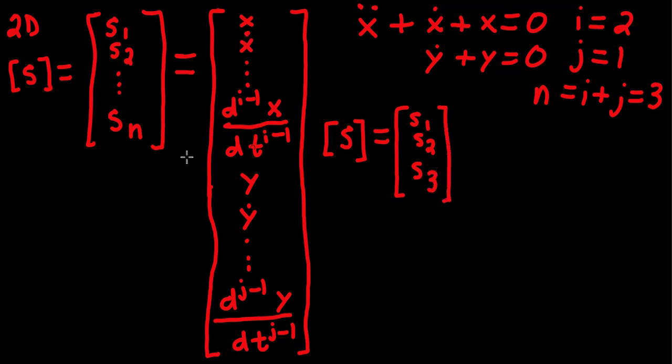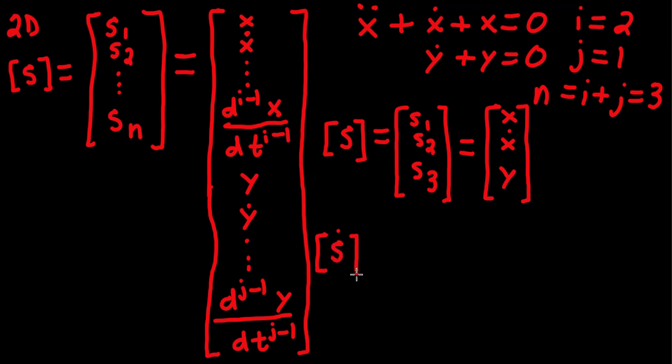And from our definition that we have over here, we see that these guys will just be x, x dot and y. Likewise, the derivative of our state vector is going to be very easy to get. We're just going to have x dot, x double dot, and y dot.